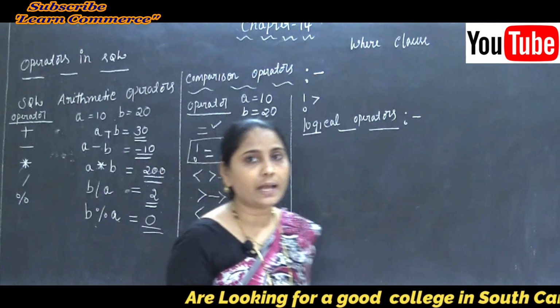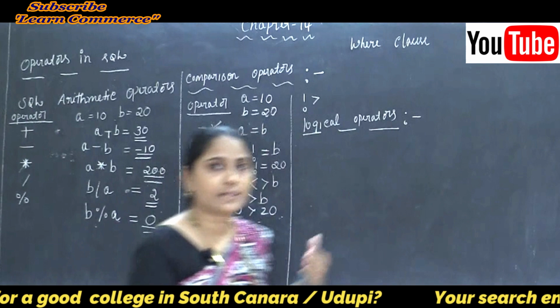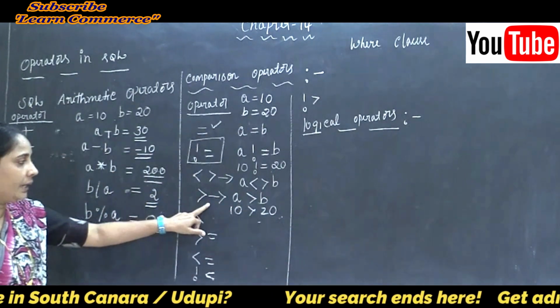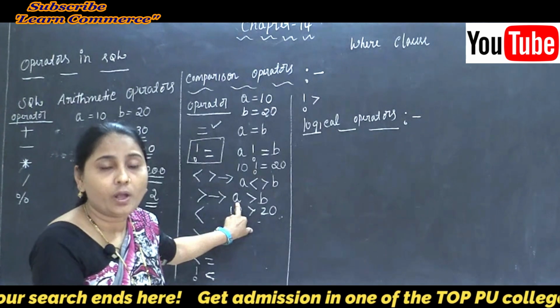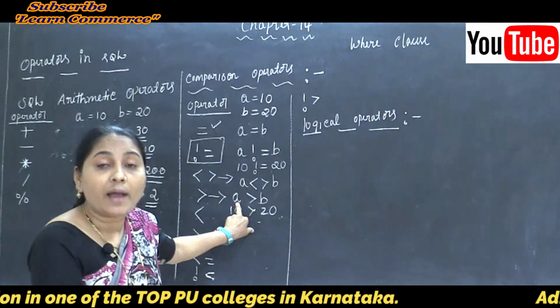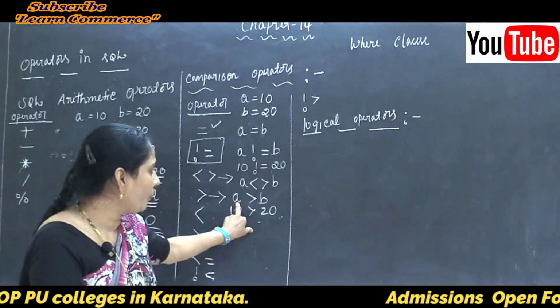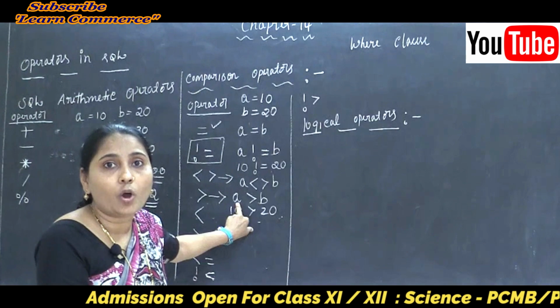Before explaining this example, let's understand the meaning: check the value of two operands. We are checking whether the value of the left hand operand is greater than the value of the right hand operand.